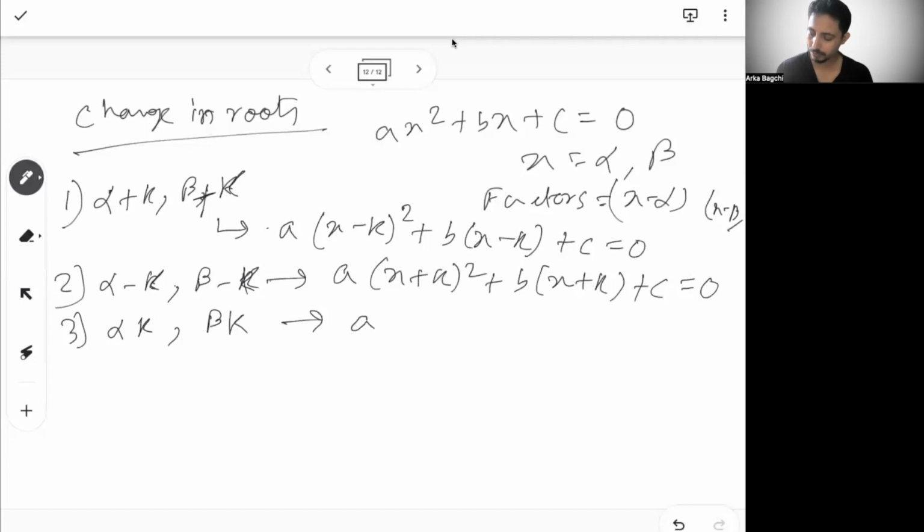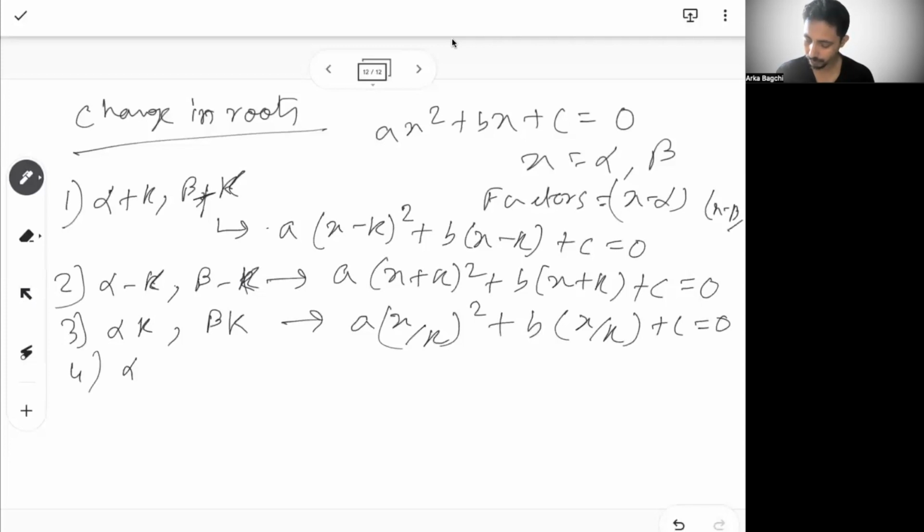Then your equation becomes a into x by k whole square, plus b into x by k, plus c equal to 0. So whatever happens to the root, you do the reverse to x in the equation. You just adjust x with the reverse one. So if k is multiplied with the roots, you make x divided by k. If k is subtracted from the roots, you make the equation by adding k to x.